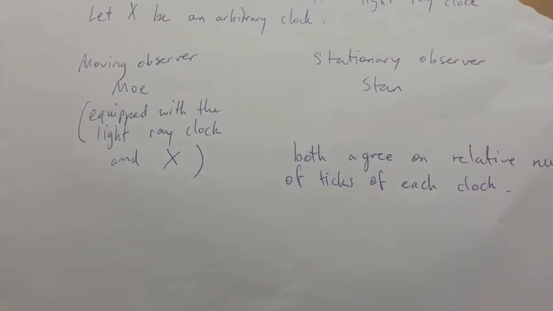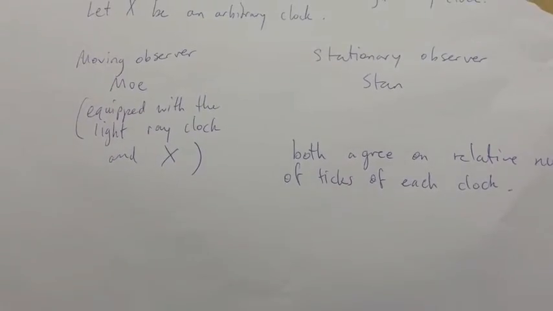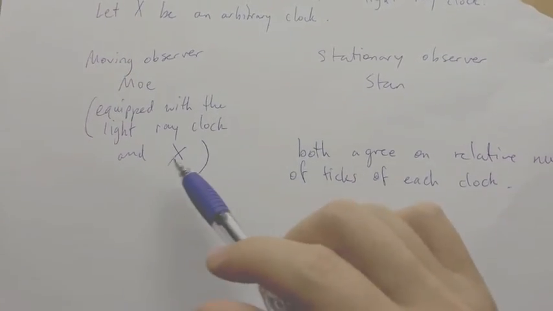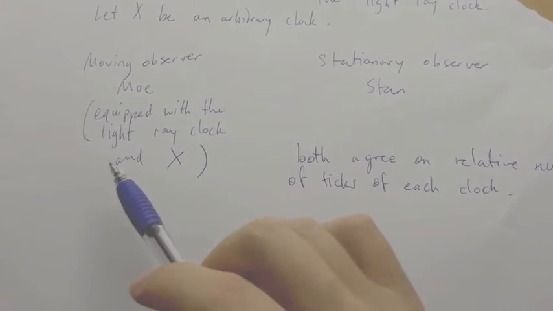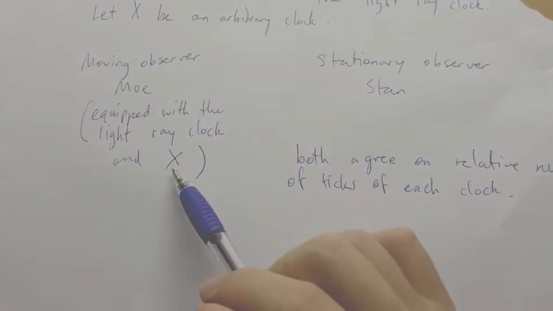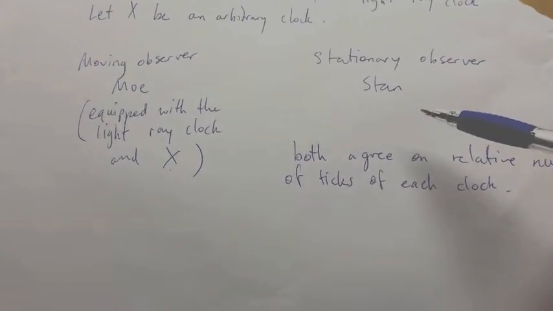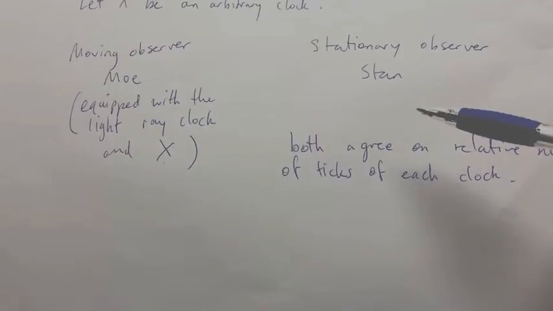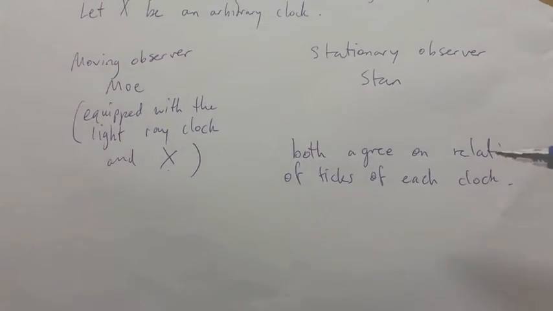So if the light ray clock was going like 5 times faster than x, it'll still be going 5 times faster than x according to Stan. But what those times are exactly might not be agreed by Stan.